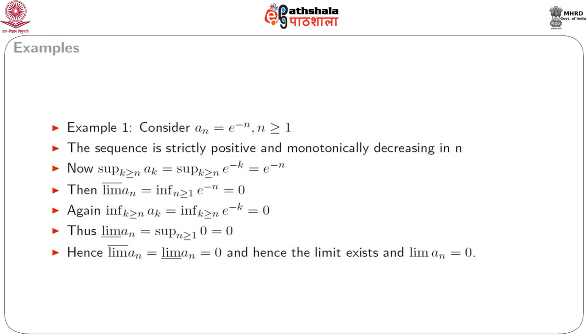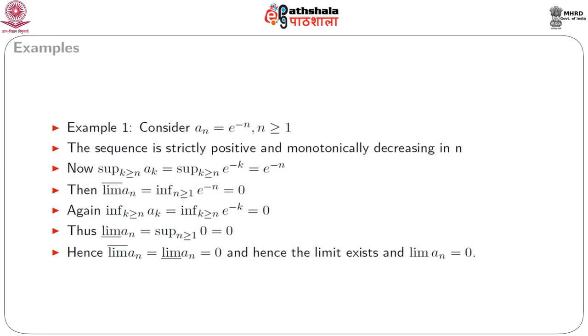Consider our next example where the sequence is taken as 1 plus minus 1 to the power n, and the sequence is naturally non-negative and oscillates between 0 and 2. That is, the value of a_n is either 0 or 2. Now, the supremum value of a_k for k greater than or equal to n is nothing but 1 plus the supremum over k greater than or equal to n of minus 1 to the power k, which is 2.